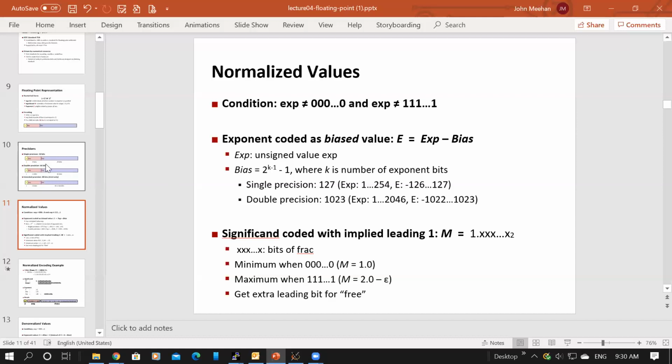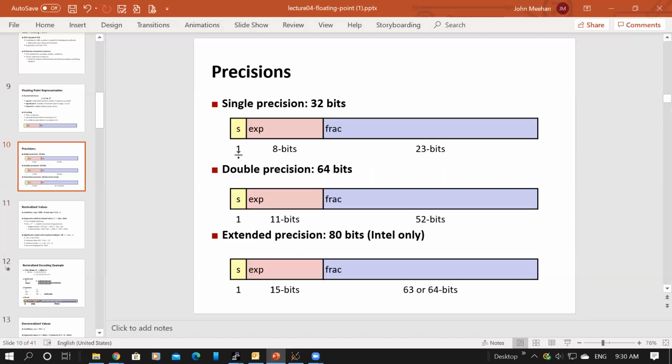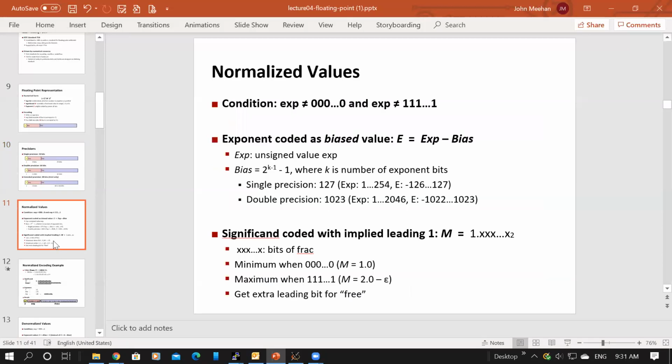So in the case of a 32-bit single precision floating point number, the bias is going to be 2 to the 7th minus 1. 2 to the 7th is 128, minus 1 gives you 127. So the bias used for single precision floating point numbers is 127.